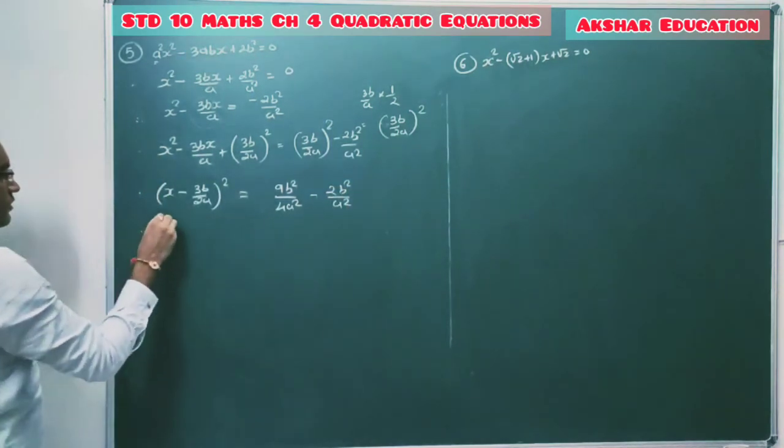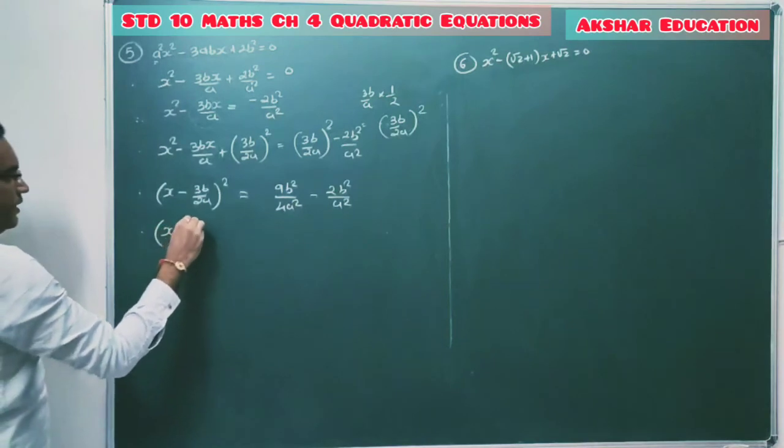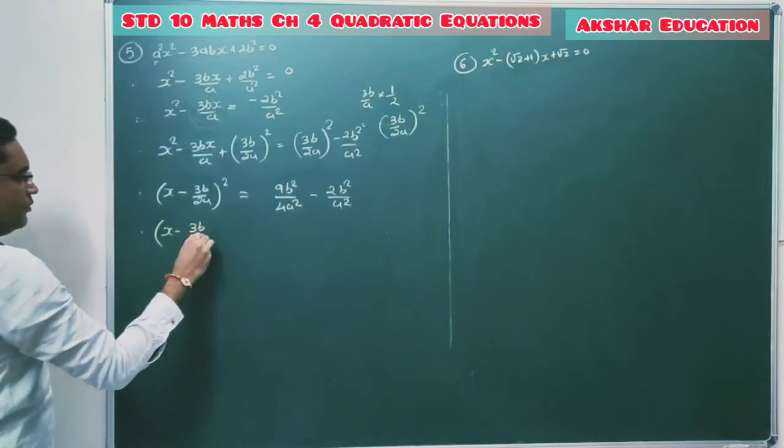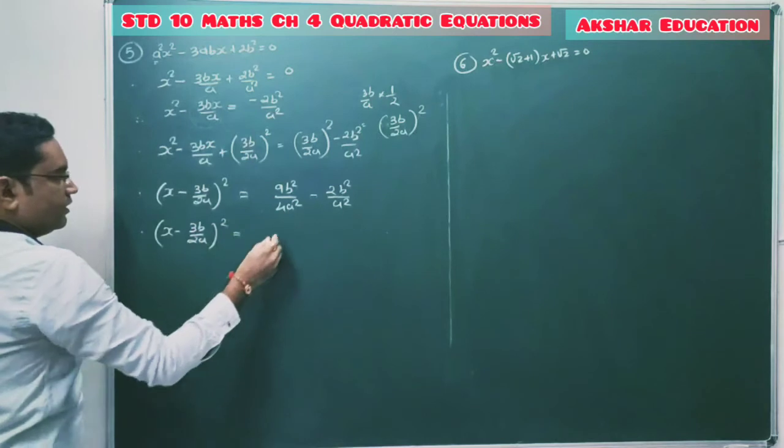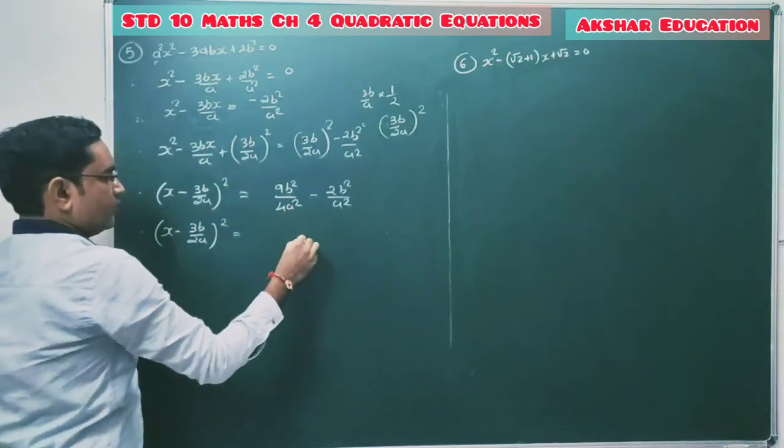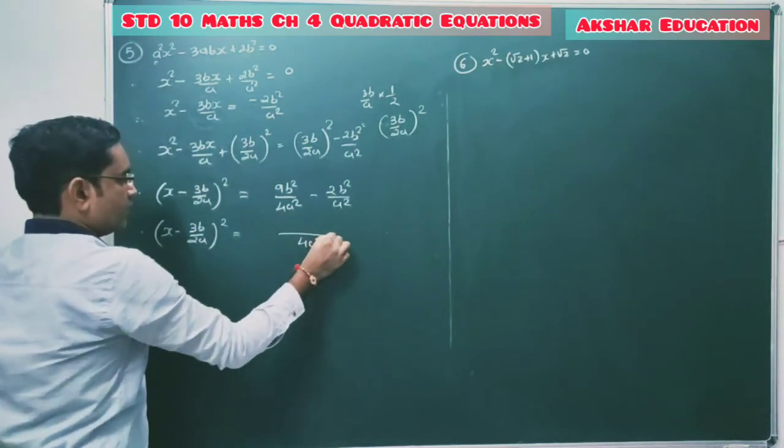Simplification of this one: x minus 3b upon 2a whole square is equal to, so our LCM is 4a square.